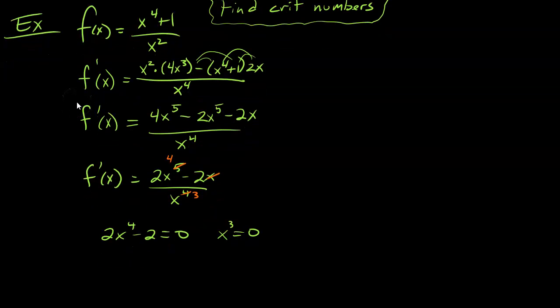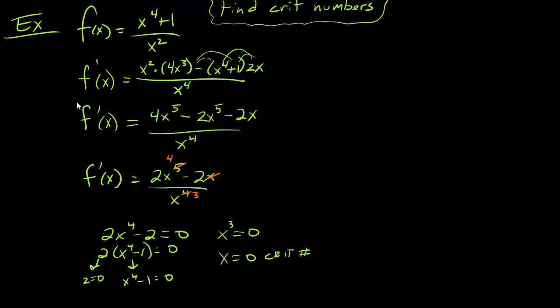Well, that's obviously 0, a critical number. 2 times x to the 4th minus 1 equals 0. I've got a couple choices here. Because this is simple, I could just add 1 and then take the 4th root.